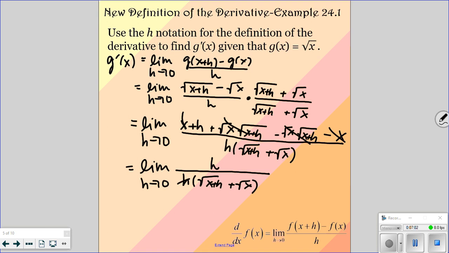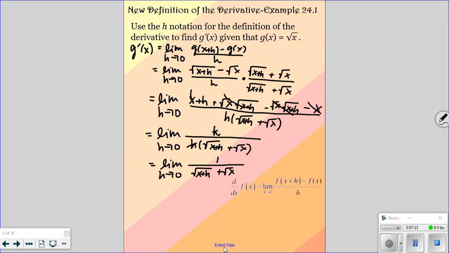And so now our h's will cancel, so that we're left with the limit as h approaches 0, 1 over the square root of x plus h plus the square root of x. And now we can actually plug in our h approaches 0.